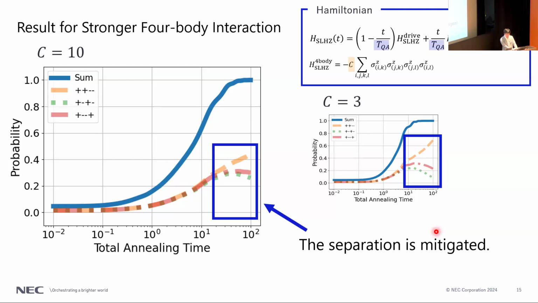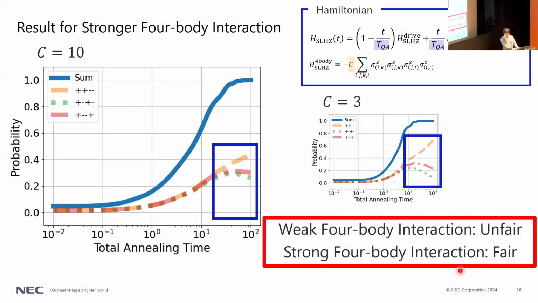At this time, the ground state probabilities of the three lines are more equal than when the forward interaction is small. So you can see that the sampling is fairer than before. We can see that if the forward interaction is weak, sampling is unfair. But if it is strong, the sampling will be fair.